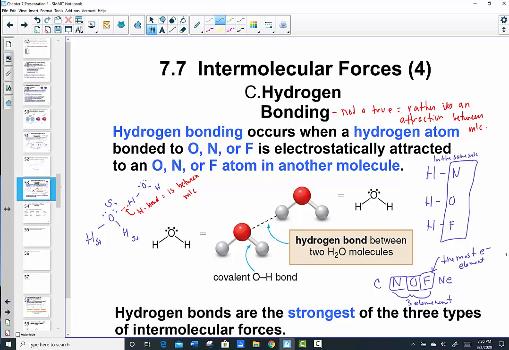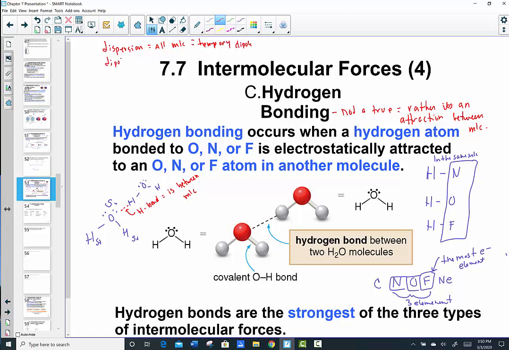All right. So the strongest of those three types of intermolecular attractions, just to remind ourselves, the weakest would be dispersion forces. All molecules have dispersion forces. Those are temporary dipoles. Just a moment in time where the electron cloud gets upset, gets redistributed, and creates temporary dipoles, but it's a fleeting moment.